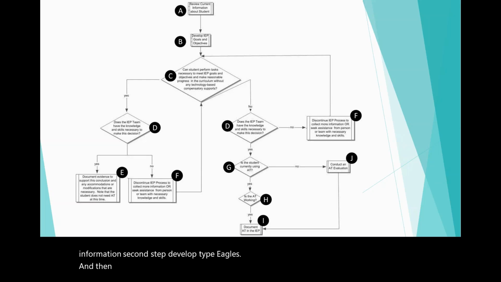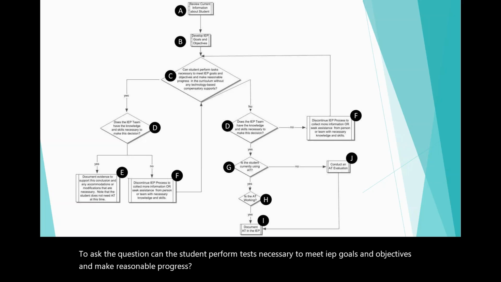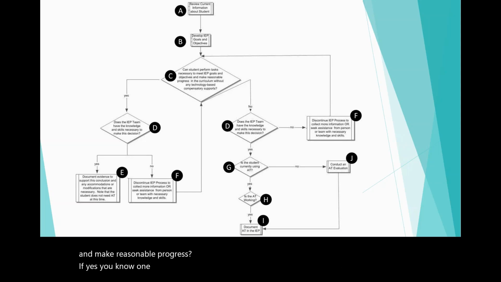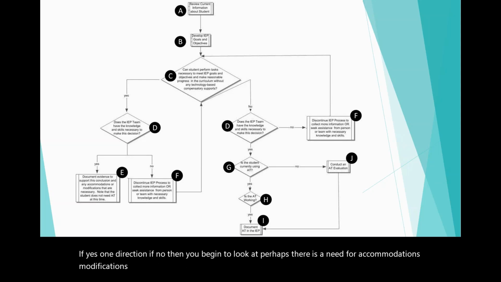And then the flowchart branches here to ask the question, can the student perform tasks necessary to meet IEP goals and objectives and make reasonable progress? If yes, you go one direction, and if no, then you begin to look at perhaps there is a need for accommodations, modifications, or assistive technology.